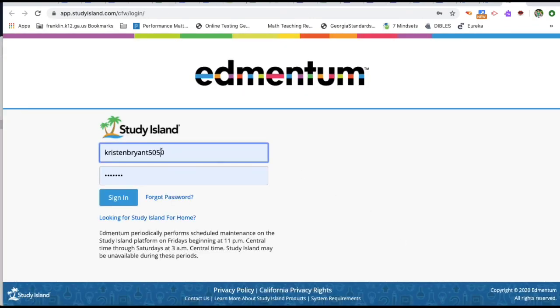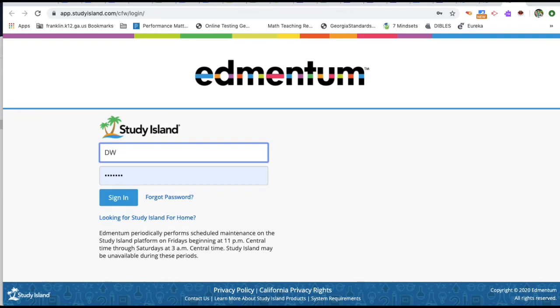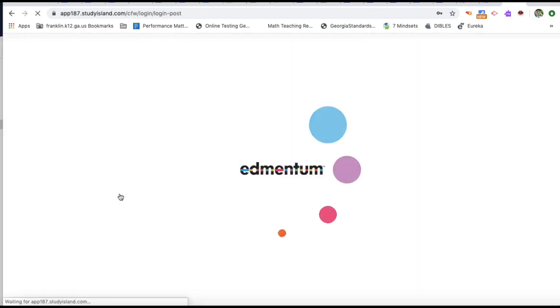You're going to type in your password here. I'm going to use a student login so that mine looks the same as yours. So remember, your Study Island username is your first initial, last initial, lunch number, and then your password is just your lunch number.